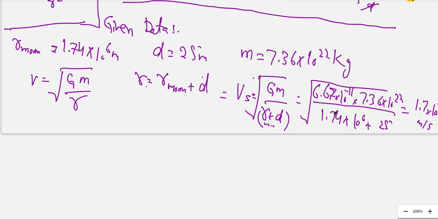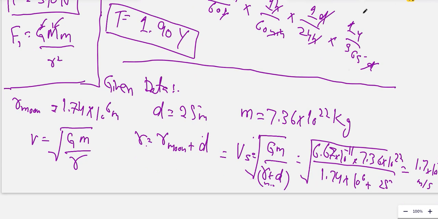Because we are not working with that many significant figures, that much least count, we can simply ignore this, or you can put it in the calculator and you will get the same result even if you do not add 25. You got it?